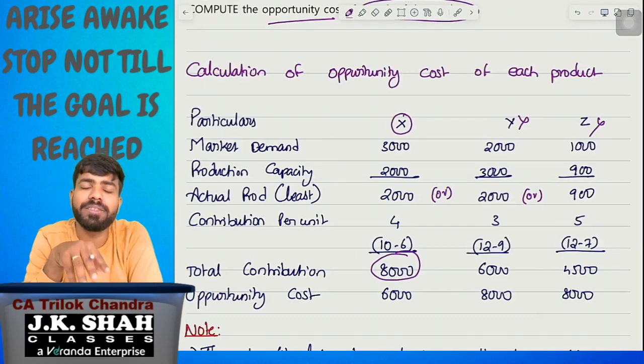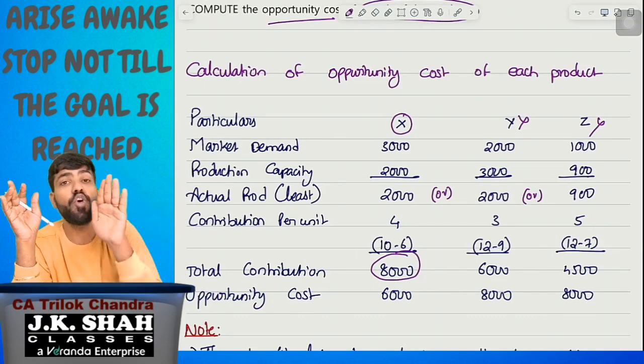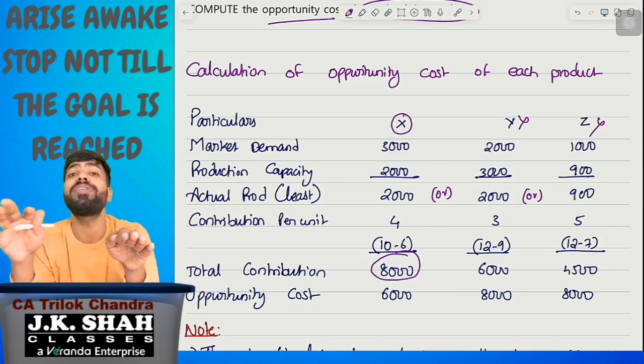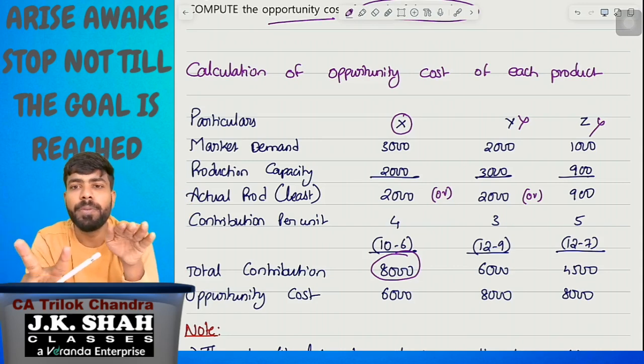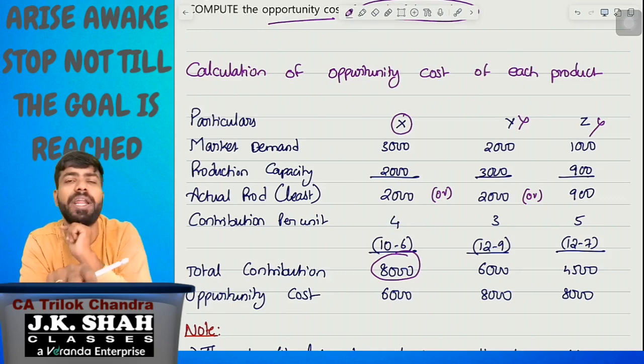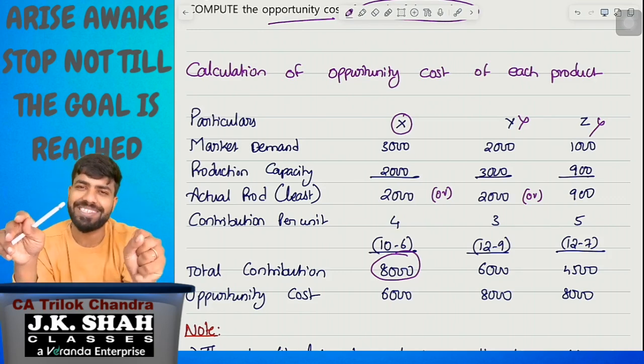But the problem here is, if you don't produce X, either you can produce Y or you can produce Z, but you cannot produce both, because Y and Z are 2 different products. You can produce only one product.